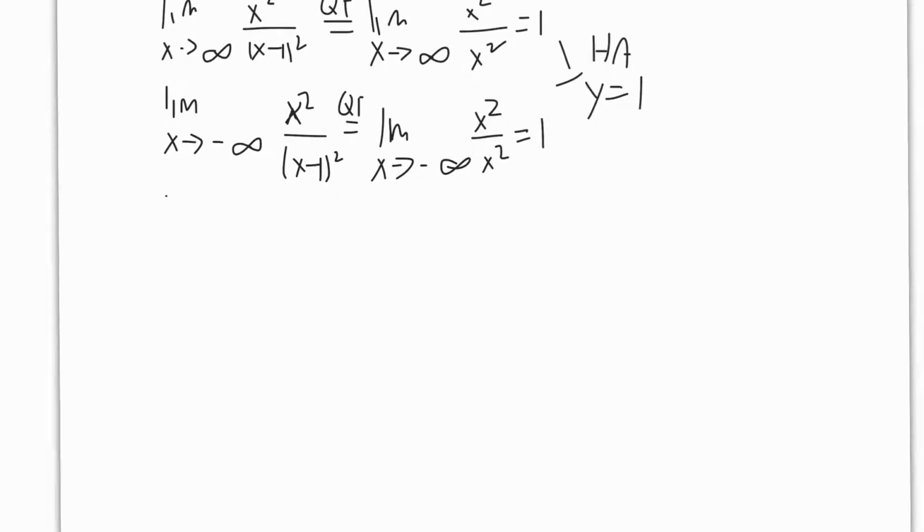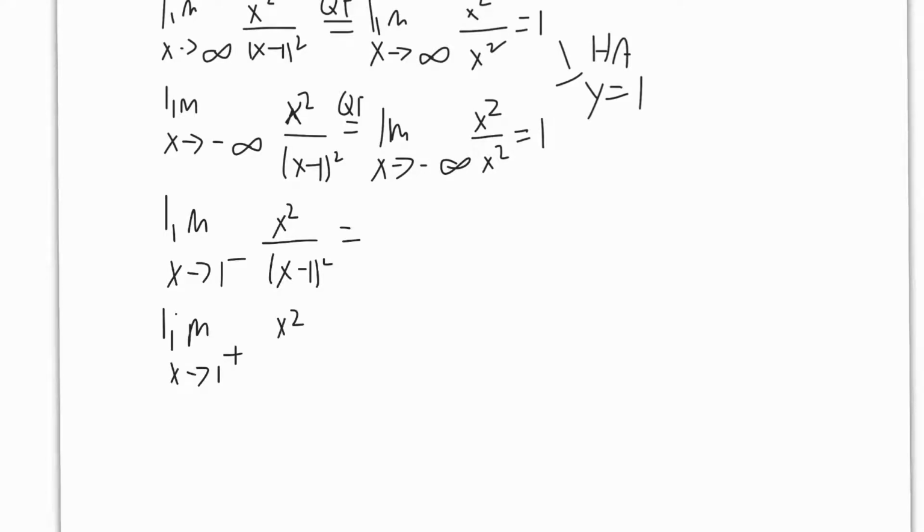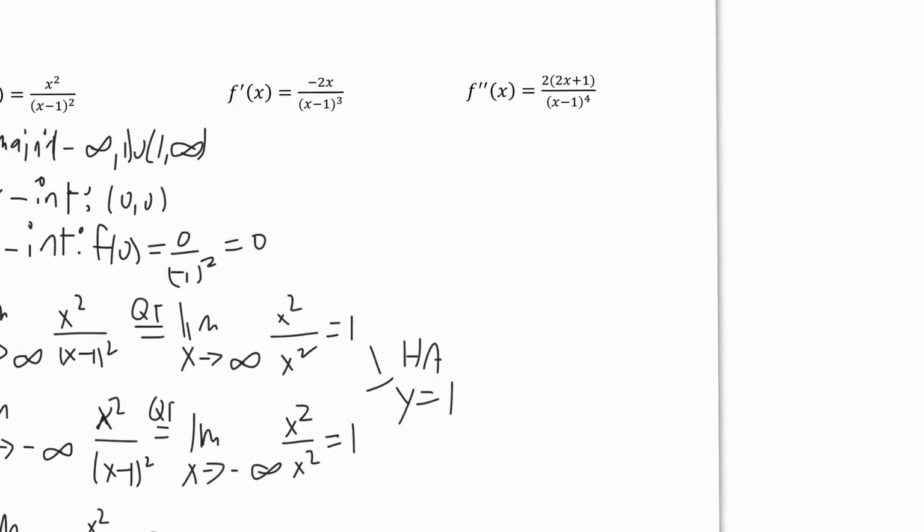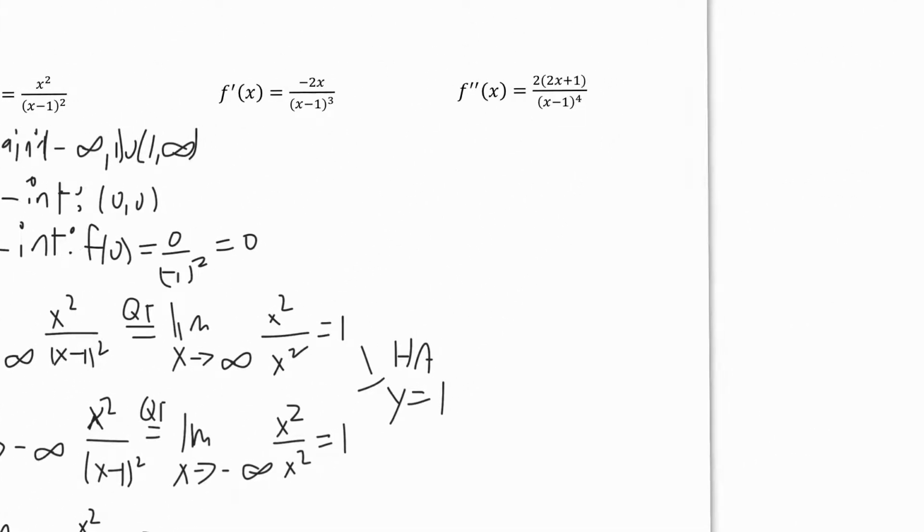So we have the limit as x approaches 1 from the left of x squared over (x minus 1) squared, and we have the limit as x approaches 1 from the right of x squared over (x minus 1) squared. We'll save those actual answers until we get our sign diagrams. So over here we're going to do the sign diagram of f, f prime, and f double prime.